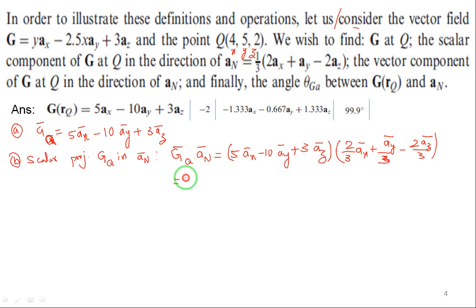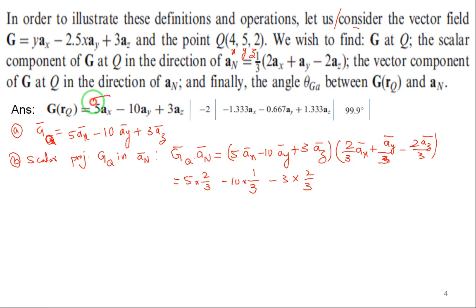ax dot ay is 0, ax dot az is 0. Just multiply the corresponding components: ax components, ay components and az components. So 5 into 2 by 3, then minus 10 into 1 by 3, then plus 3 into minus 2 by 3.